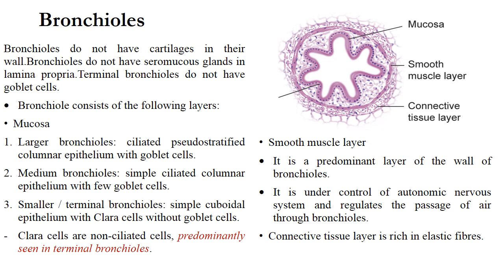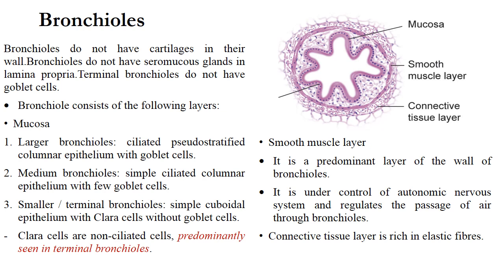After the mucosa, we have smooth muscle. The smooth muscle layer is very predominant in the walls of the bronchiole. Also, we have to remember, as we go from bronchus to bronchiole, from larger diameter to smaller diameter airway tubes, the amount of smooth muscle goes on increasing.